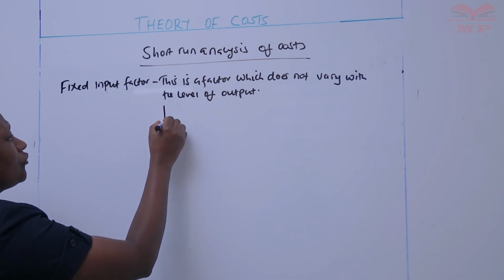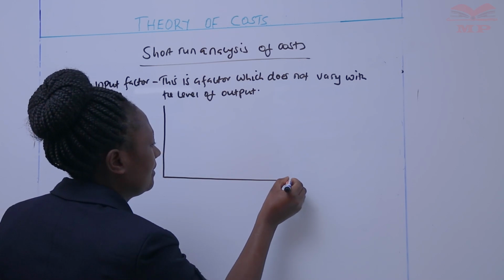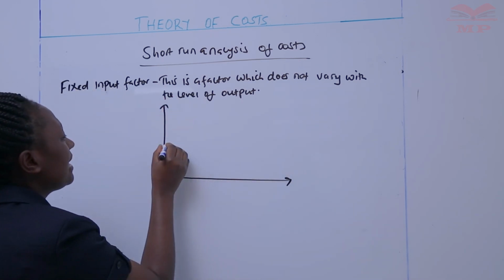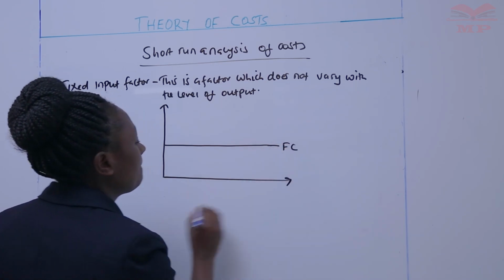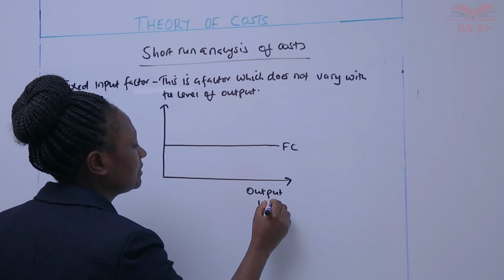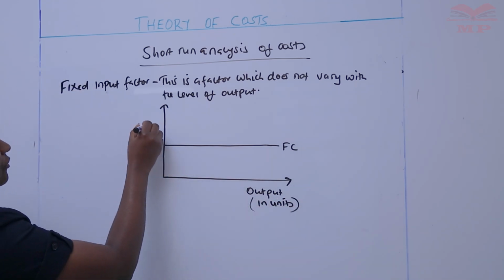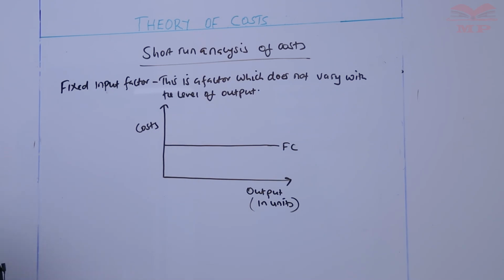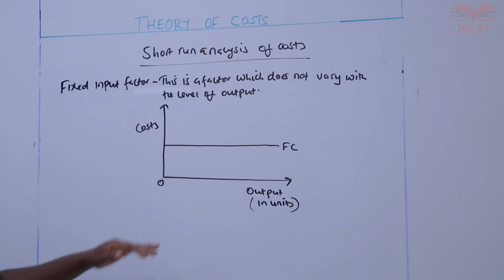Graphically, if we are to present a fixed factor, this is how it will look. So this is a fixed cost. This is the level of output, which is in units, and here we are talking of costs. So we begin from zero output.